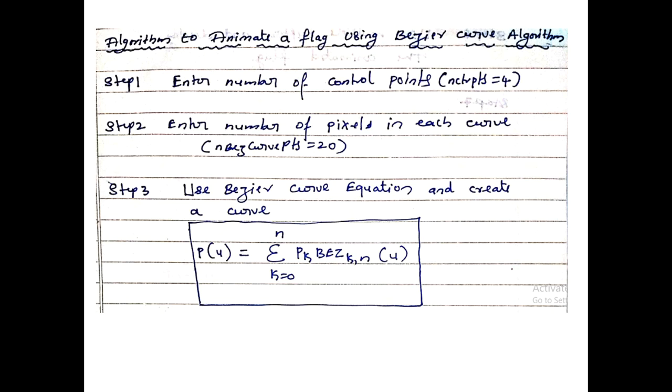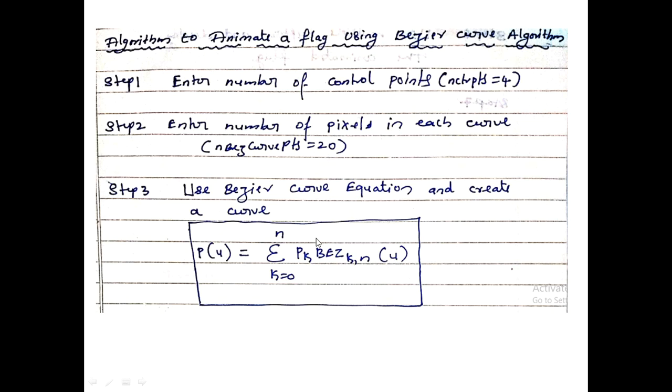But in this program, we are taking the total number of pixels equal to 20. Then the u value ranges from 0 to 1, and we need to distribute this u value over all the 20 pixels.